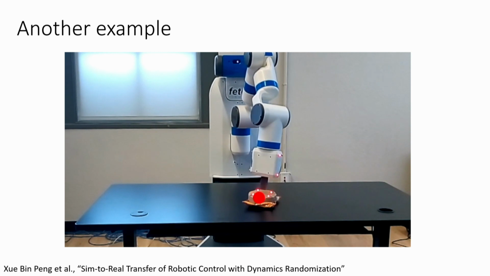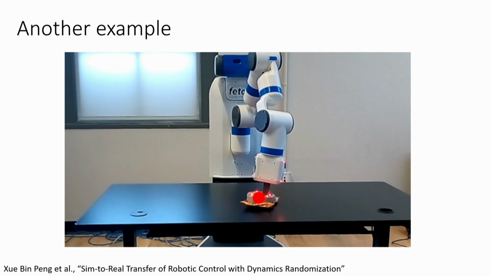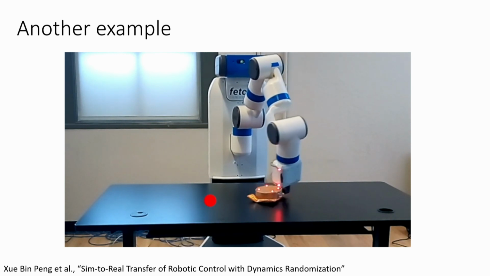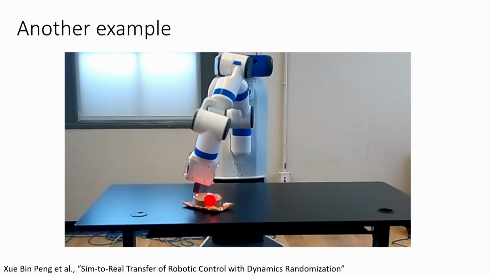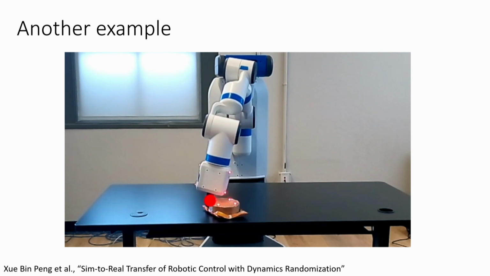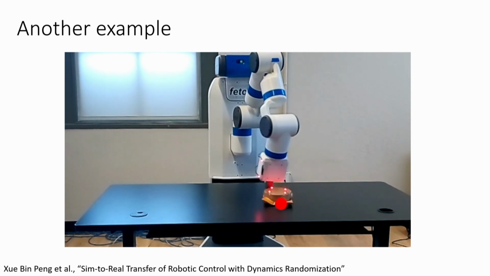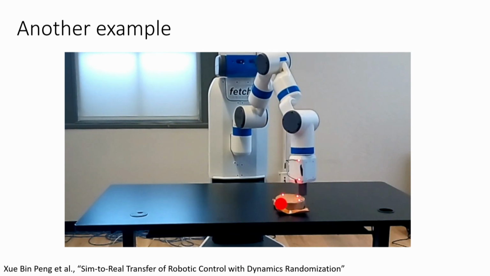So the RNN just looks at the history of states and actions and is just asked to output some hidden vector that will allow the policy to get high reward without supervising it with the specific physics parameters. And that turns out to also work. So this was a robot trained in simulation and then tested on pushing this thing that looks a little bit like a birthday cake in the target domain in the real world.